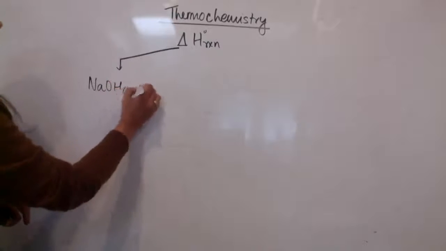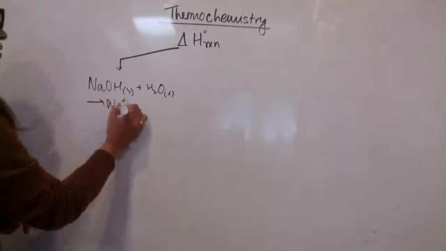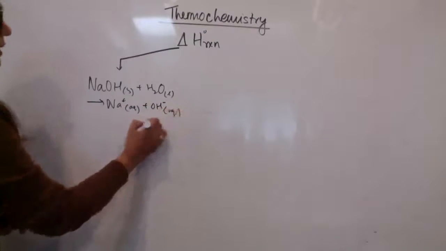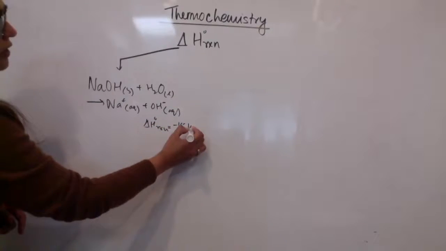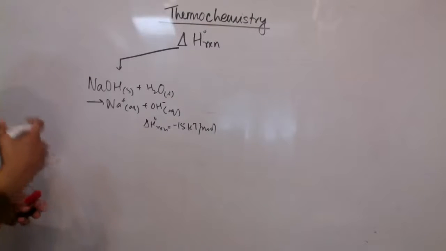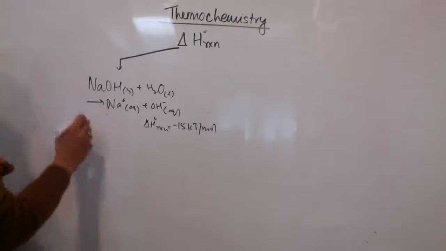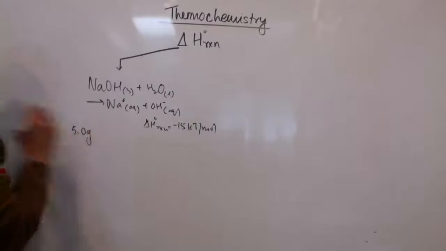NaOH solid plus water liquid gives you Na plus OH minus, and I'm going to make up some number, and they say delta H reaction is negative 15 kilojoules per mole. They may give it to you like this or in a more complicated equation, but generally they will give you 5 grams.